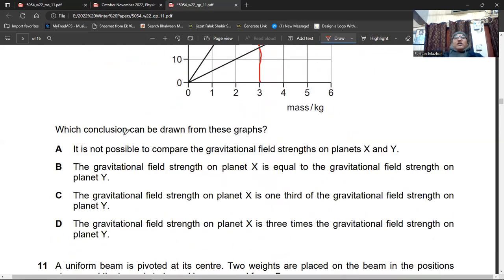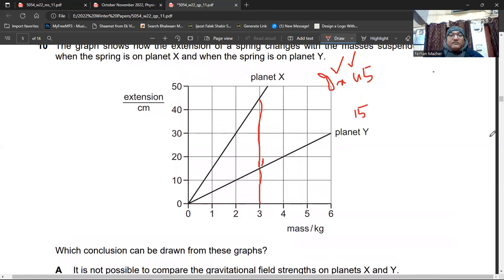It is not possible to compare the gravitational field strength on the planet X and Y. That's wrong. The gravitational field strength on the planet X is equal to the gravitational field strength on the planet Y. That is also wrong. The gravitational field strength of the planet X is 1/3 of that on the planet Y? Or the gravitational field strength on the planet X is 3 times? Here, if you look at the extension, that's 45 on X, and the same mass produces an extension of 15.